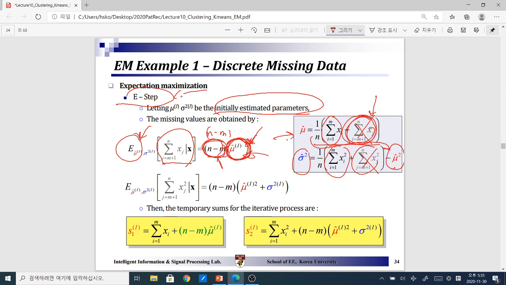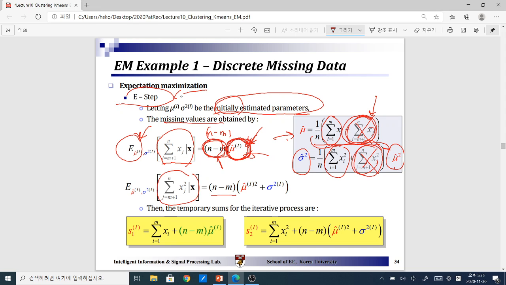Now that's going to require the information over the mean, but for the mean we're going to start off with some initial value, some initialized value. So this is how we can compute the missing value to start off, and similarly we can do that for computing the sum of the squares.